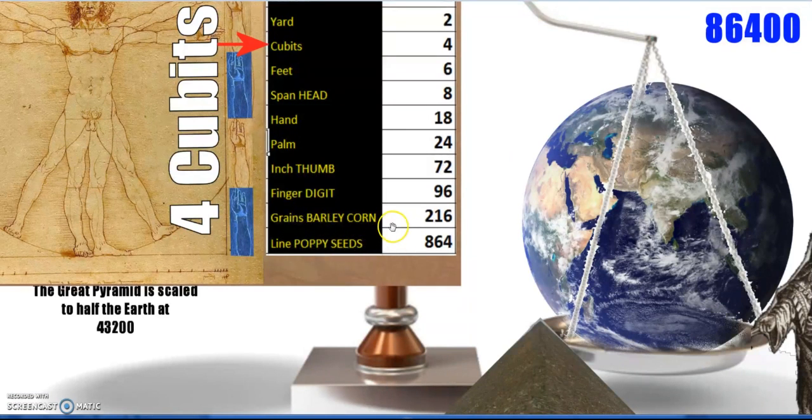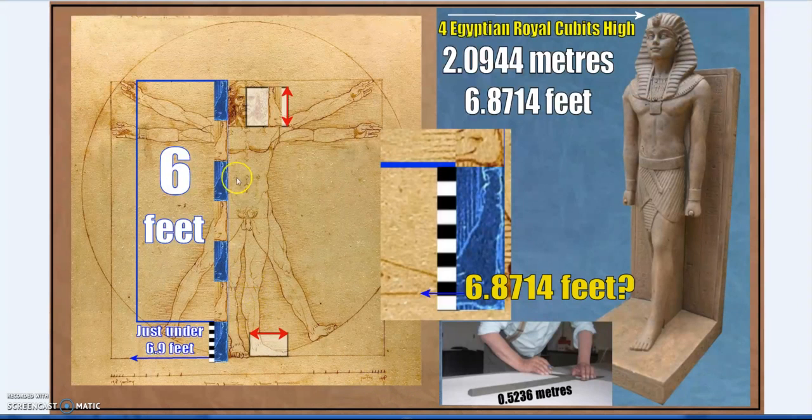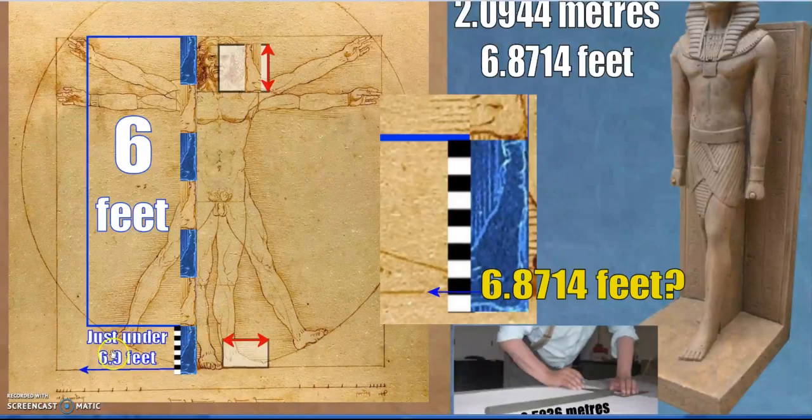So 4 poppy seeds is 1 barleycorn, 3 barleycorn is an inch. But the ideal human body using the English system is 864 poppy seeds.